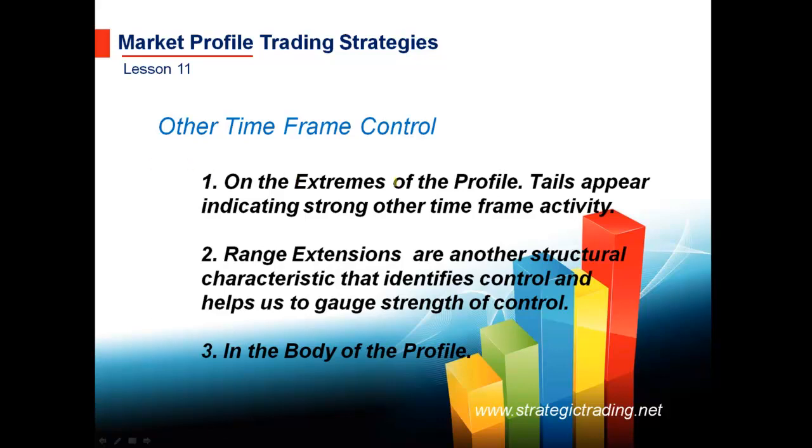On the extremes of the profile, we've already talked about the tails. So when you see tails appearing on the profile, it tells you that the other time frame is in control at that particular moment of time, and it indicates strong other time frame activity.